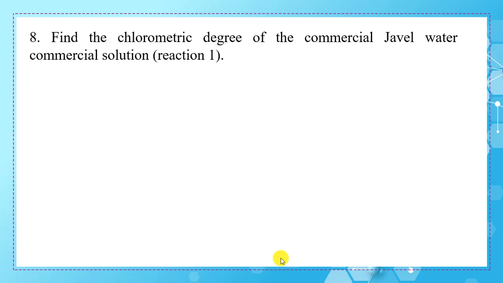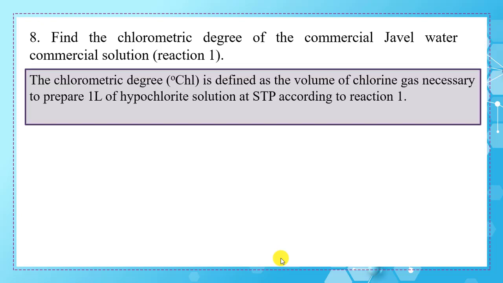Find the colorimetric degree of the commercial Jebel water solution. In number 8, to find the colorimetric degree, we refer to its definition. It is the volume of chlorine gas necessary to prepare 1 liter of hypochlorite solution at STP. This is the reaction involved in this definition.